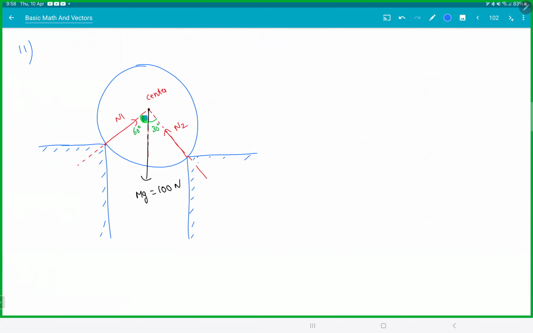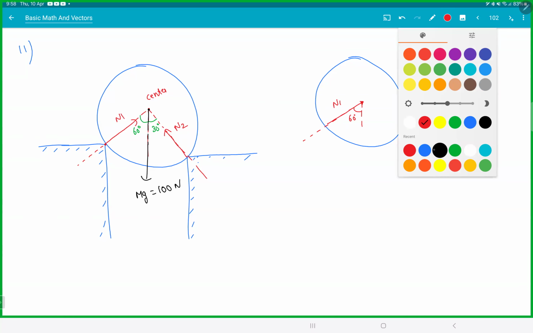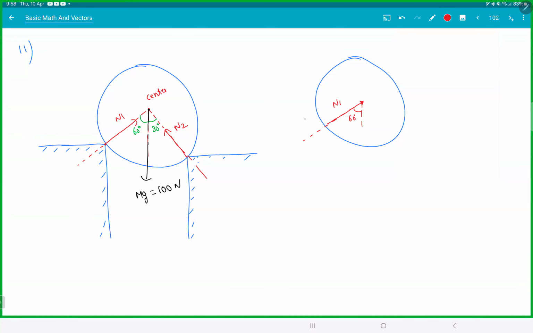Look at this, everyone. So if I take the sphere, so this is N1, right? This angle is 60. What are the components? So if that is 60, this is also 60. Everyone agrees? So what is this component here? N1 cos 60.